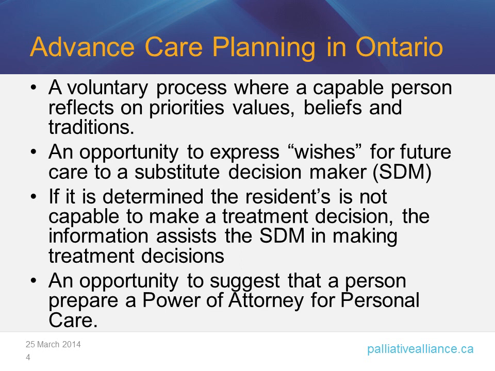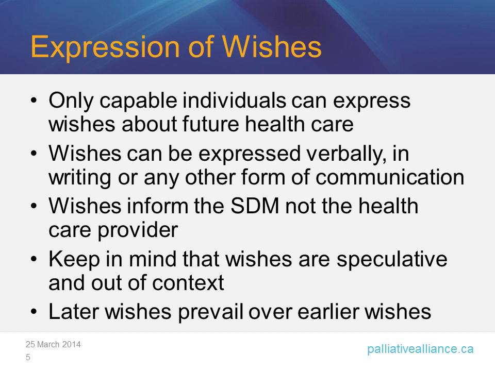So always encourage people to talk about their wishes and think about who they most have confidence will represent their wishes through a power of attorney for personal care. So some things to think about, and this speaks again to the impact of Alzheimer's and related dementias, but only capable individuals can express their wishes.